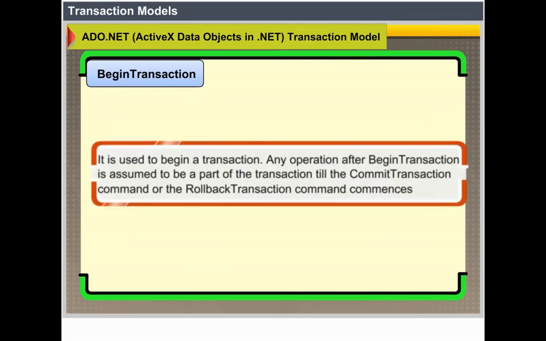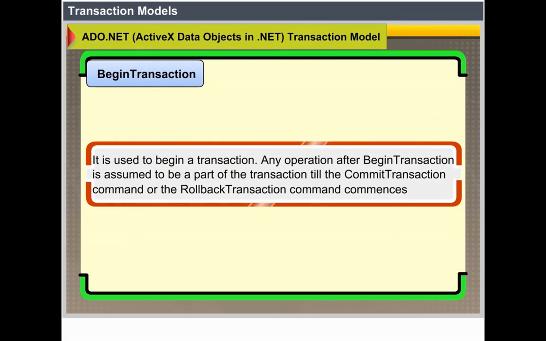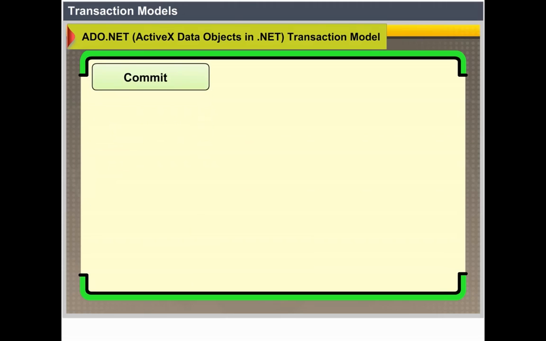Begin transaction. It is used to begin a transaction. Any operation after begin transaction is assumed to be a part of the transaction till the commit transaction command or the rollback transaction command. Commit.